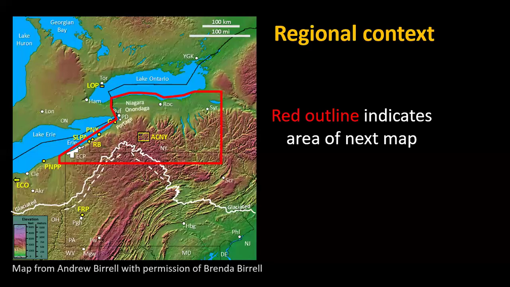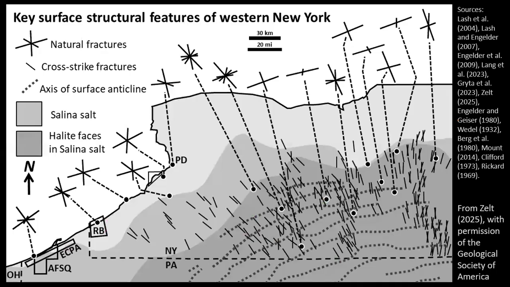Next, we'll look at a map of the area outlined in red here. This map was compiled from multiple sources. The dashed lines indicate large surface anticlines formed by Alleghanian tectonism in the area of Silurian salt. The other lines in the gray map area show cross-strike fractures or joints, which were interpreted to indicate the orientation of Alleghanian compression in the nearly flat-lying plateau strata.